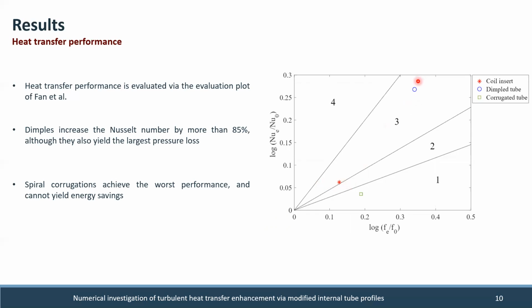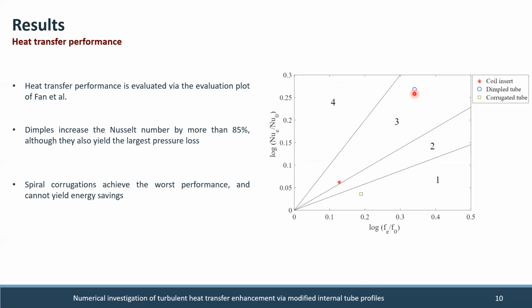The inward facing dimple tube shows promising heat transfer enhancement effect. The heat transfer performance of this one is within upper region 3, illustrating that the method is the most energy saving method among these three simulated cases. The Nusselt number increase is around 85%, which is much higher than the other two cases.